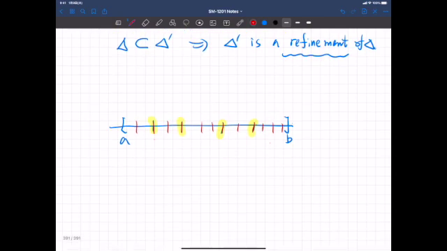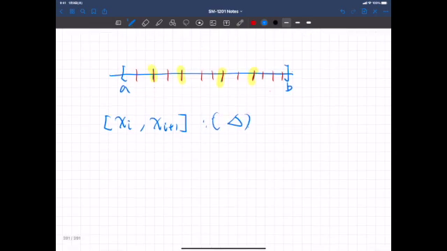So this means if, let's say, xi, xi plus 1 is a subinterval of delta, so this comes from delta. Then this xi corresponds to some xj prime, and this xi plus 1 corresponds to some, let's say, xj plus k prime of delta prime.